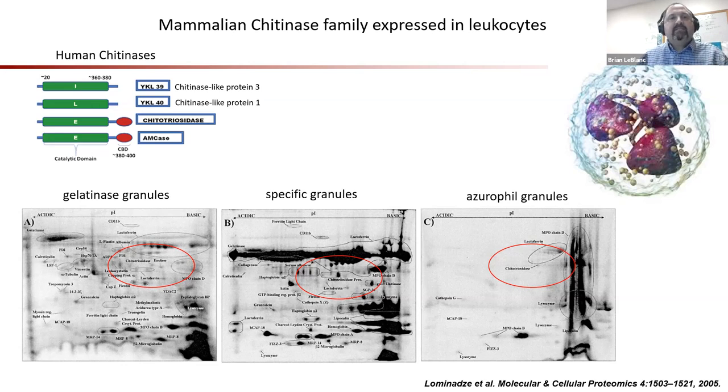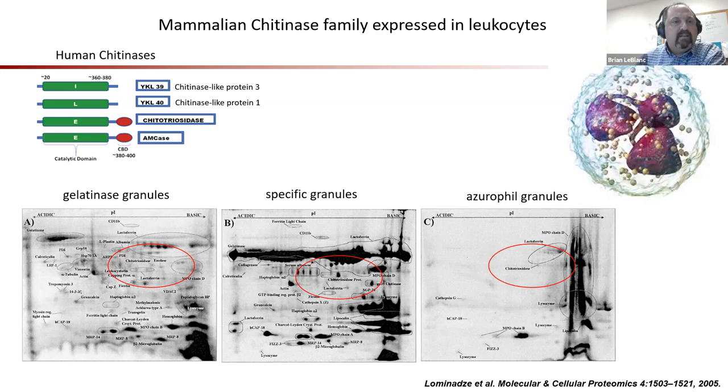This is an enzyme that breaks down chitin. The mammalian system does not express chitin, so the only way it will recognize chitin is through a foreign pathogen. So it's interesting to see what this role is in clearing of Candida.